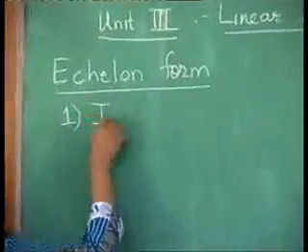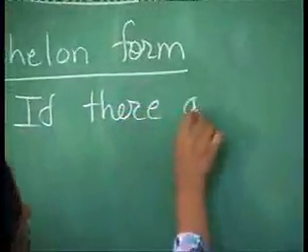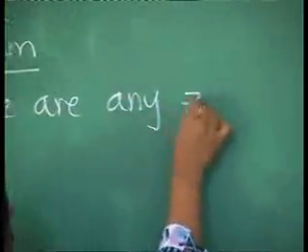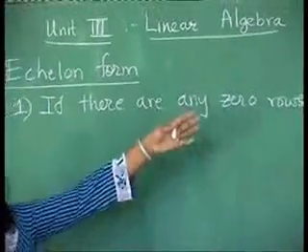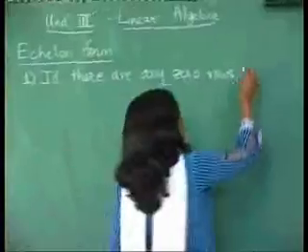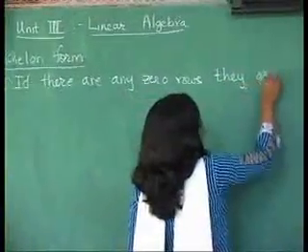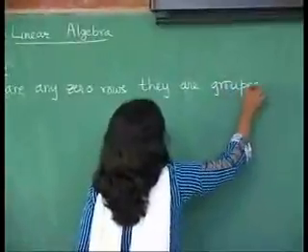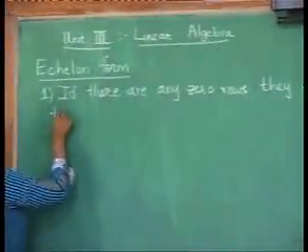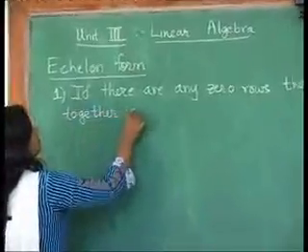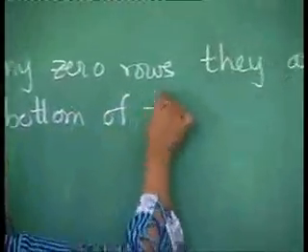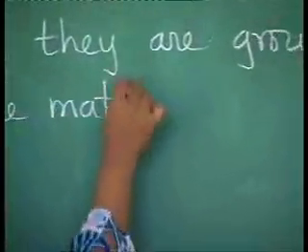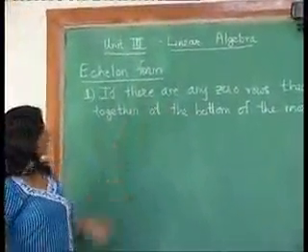First condition: if there are any zero rows, a zero row is one in which every element is zero, they are grouped together at the bottom of the matrix.